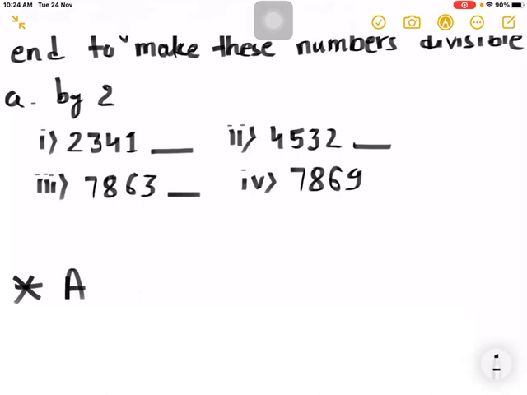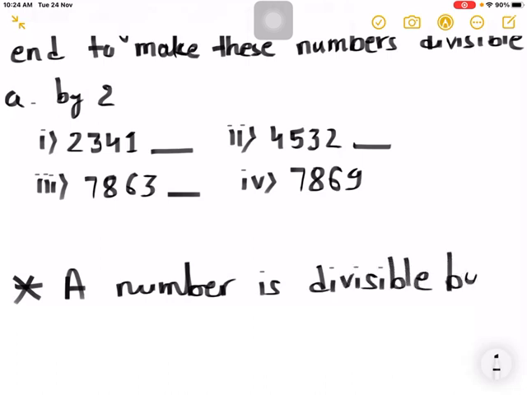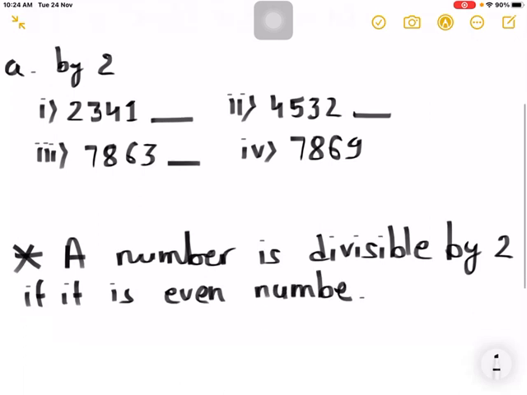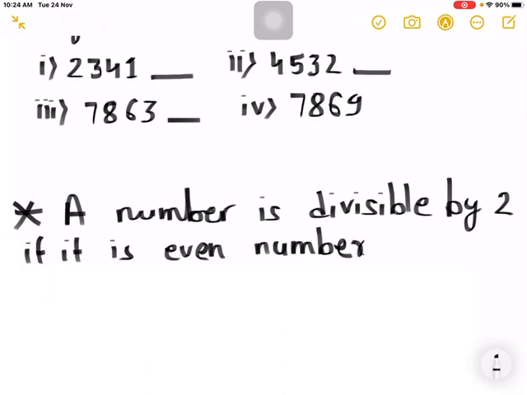Okay, a number is divisible by 2 if it is an even number.